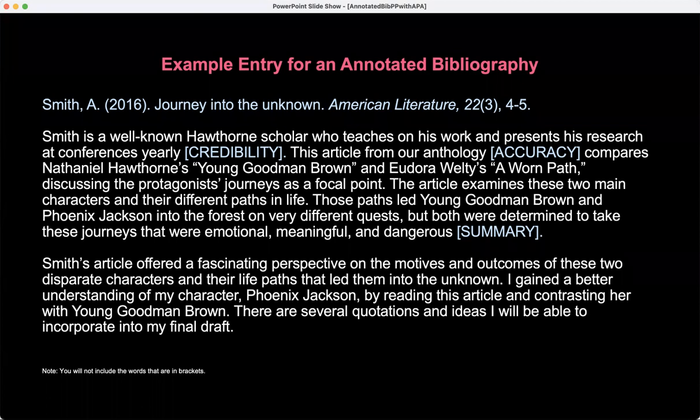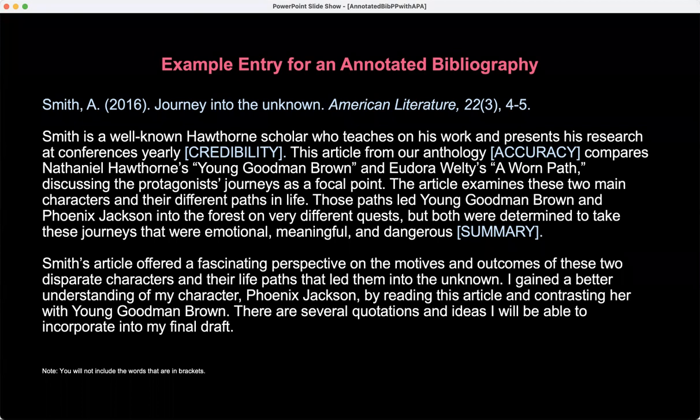So it looks at two different short stories, and it's being written by a Hawthorne scholar. So I'm going to know in my head that it's probably going to skew a little bit more toward Young Goodman Brown, because he's a Hawthorne scholar, correct? Okay, but I know that this is credible and accurate.